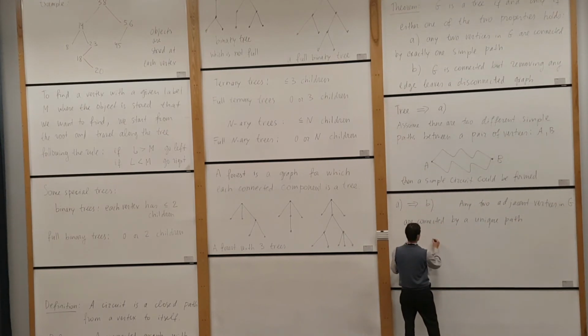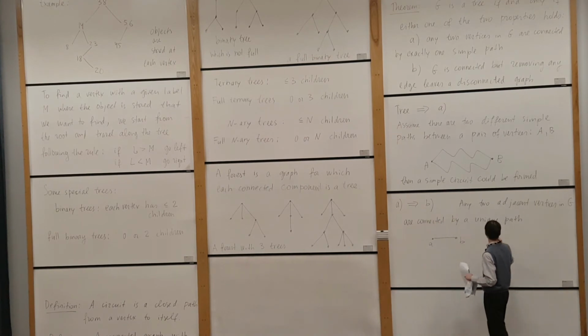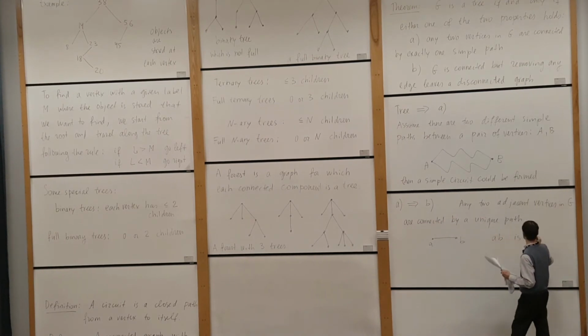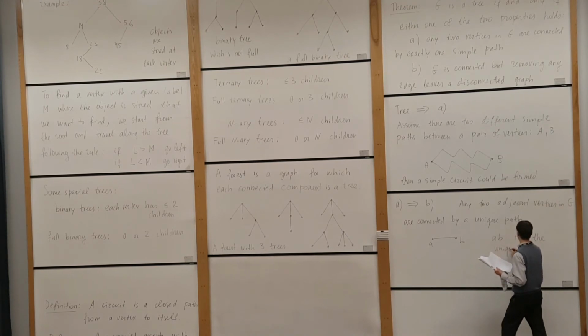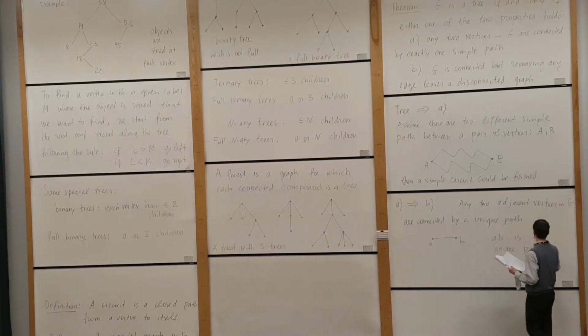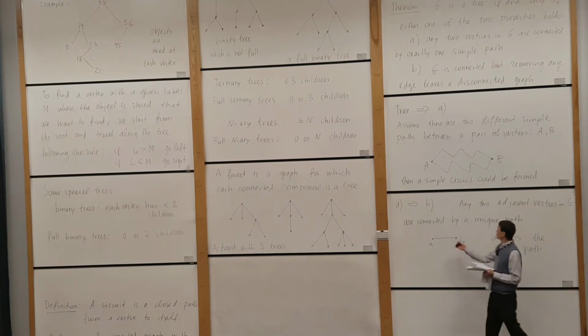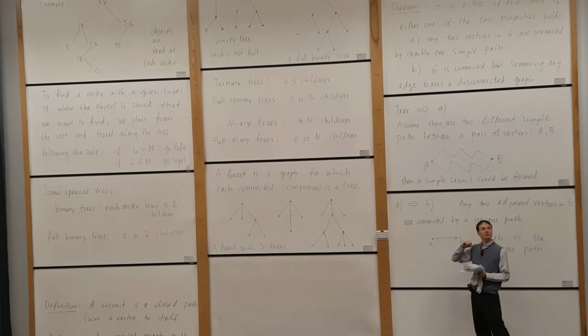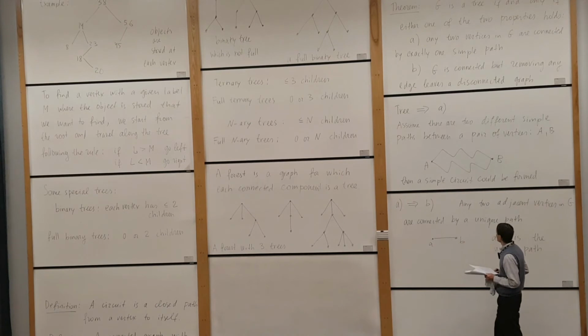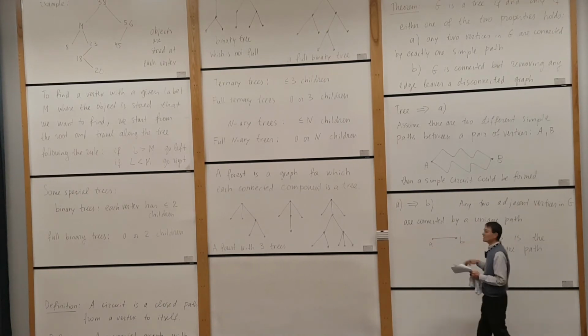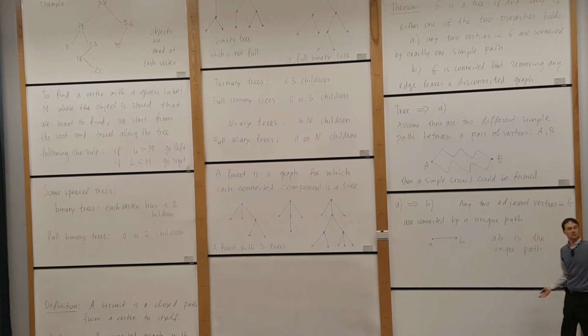And these two vertices are A and B, and AB is the unique path. Well, but since it is unique, if you remove it from the graph, then there won't be any other path leading from A to B, and therefore it will become disconnected.